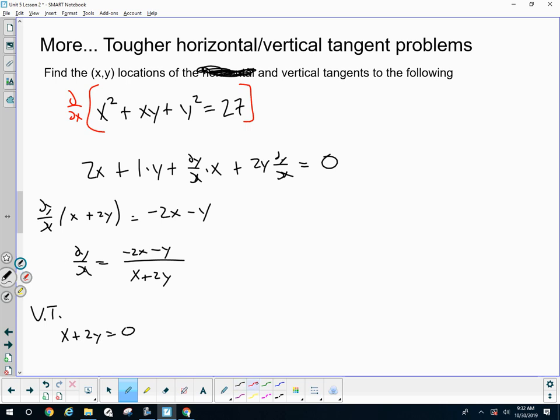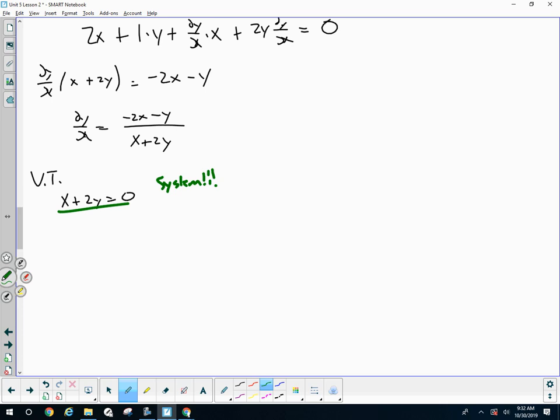Well, here's the key to this. We have a system. This is an equation. Our points must satisfy this equation to be a vertical tangent. And this is an equation that all my points must satisfy to be on the curve. So I have two equations and two unknowns.